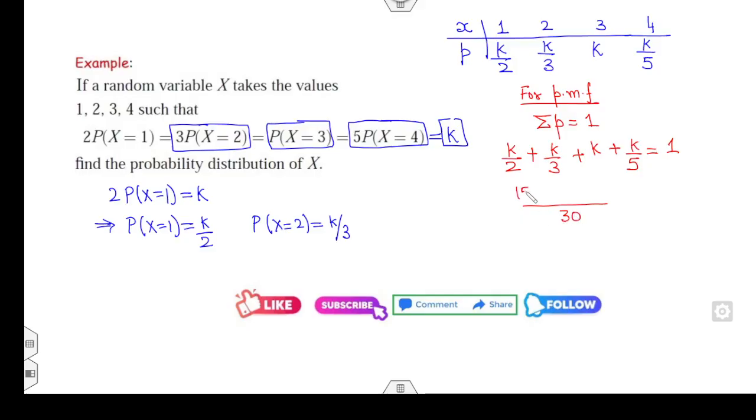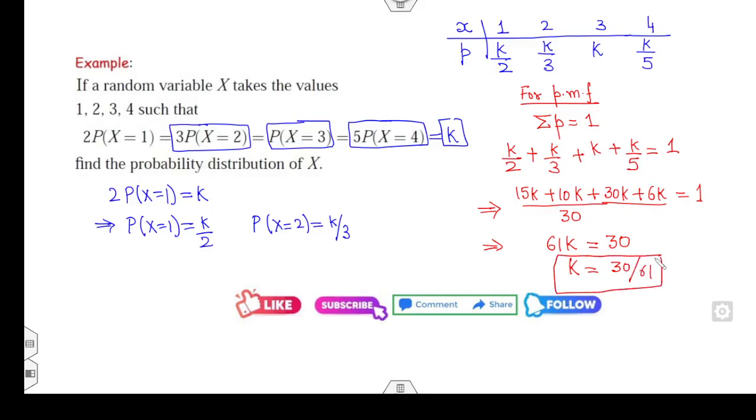So this number is 15 into k plus 10 into k plus 30 into k plus 6 into k, which is equal to 1. So what is the summation? It's 25, and 25 and 6 is 31. So 61k is equal to 30. K will be 30 divided by 61, which is the right answer of the problem.